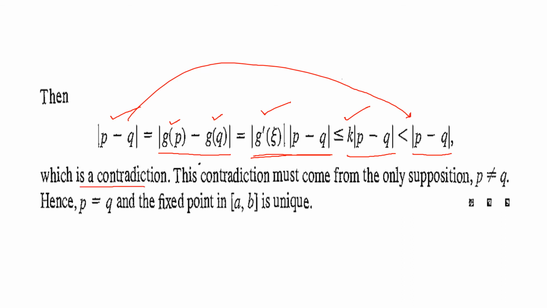And this contradiction occurs due to our supposition. We have supposed that P and Q are not equal. Hence our supposition is wrong, and P is equal to Q. And if P is equal to Q, we can say that the fixed point in this interval is unique.